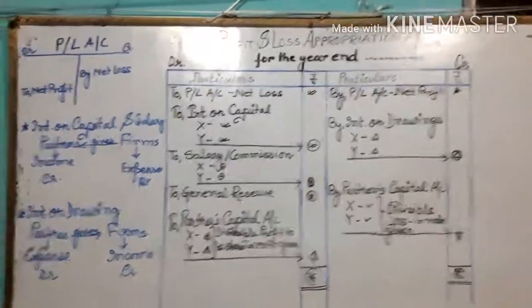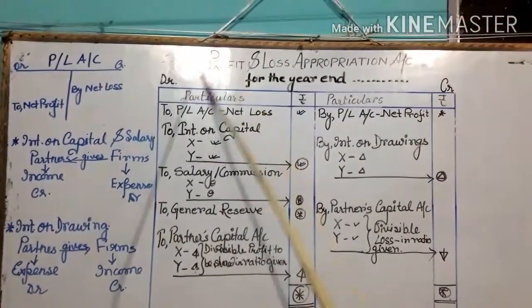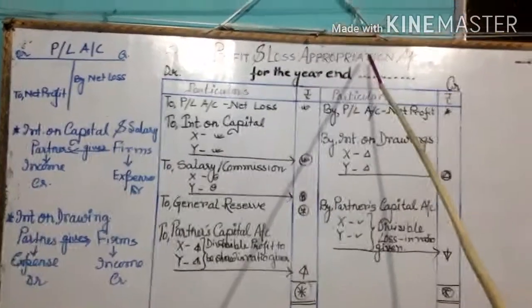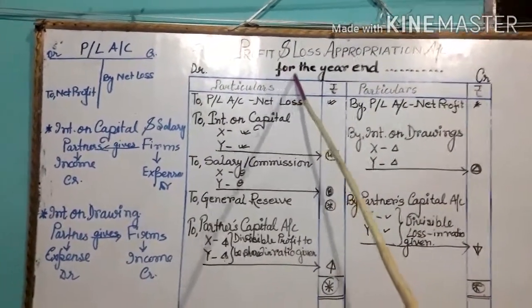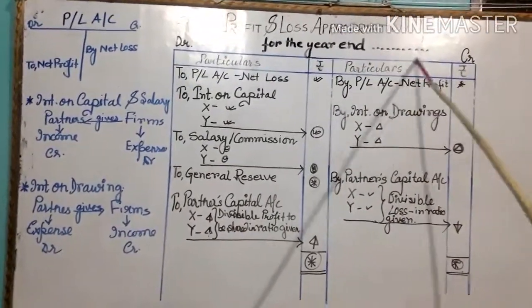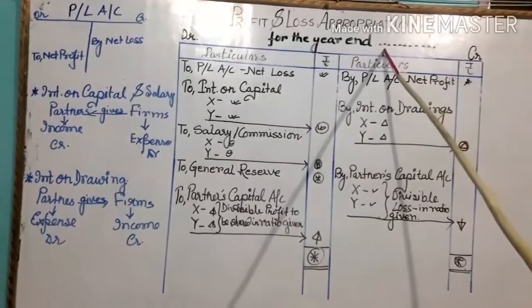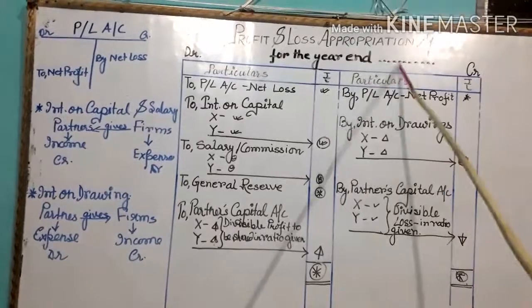So friends, here in front of you, you have the profit and loss appropriation account, written for the year ended as per the financial year. Whatever financial year is given to you, you have to write the year end date.